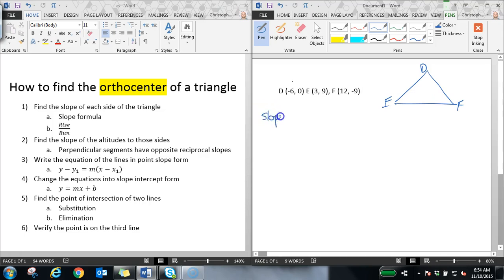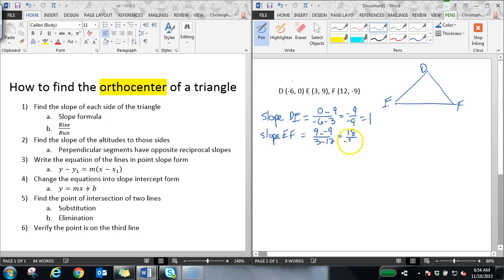So the slope of DE is going to be 0 minus 9 over negative 6 minus 3, negative 9 over negative 9, positive 1. Slope of EF is 9 minus negative 9 over 3 minus 12.